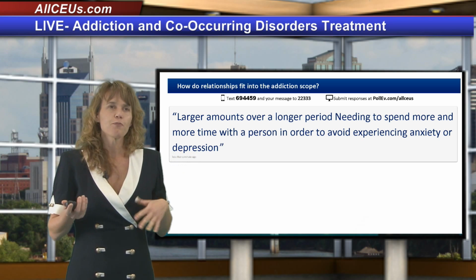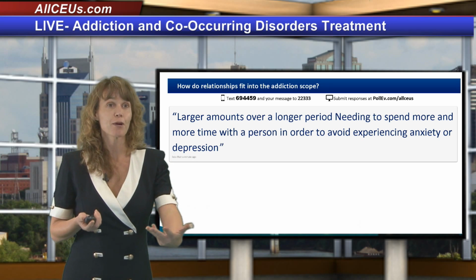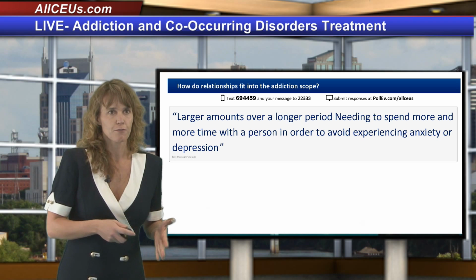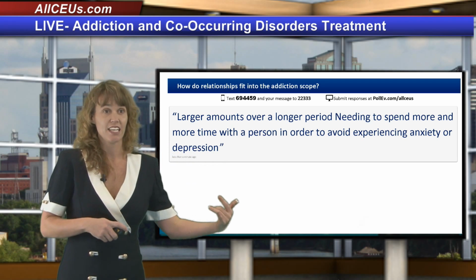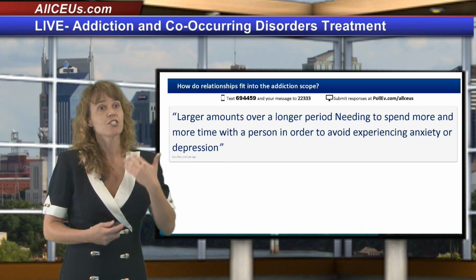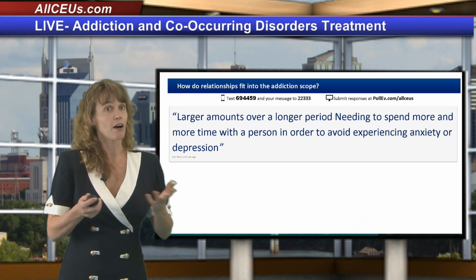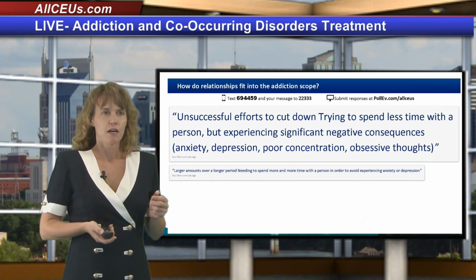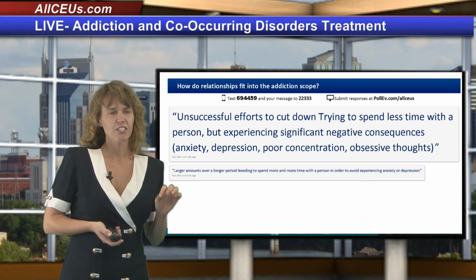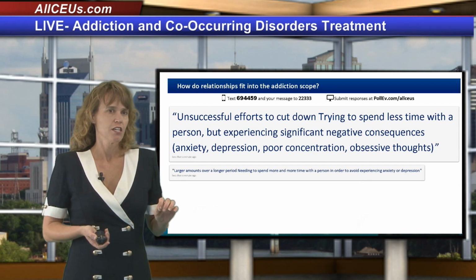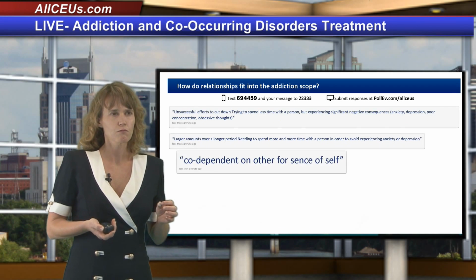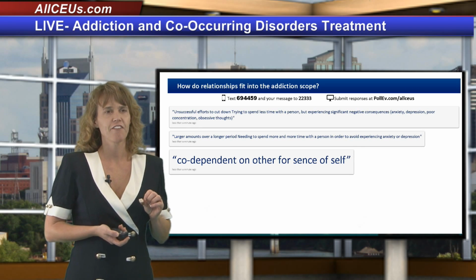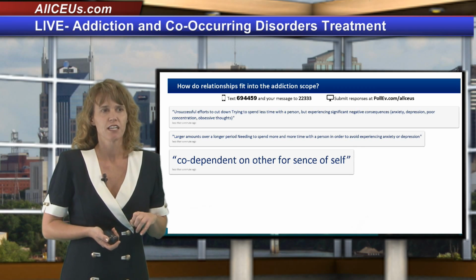So when you start to become part of that person, when you are so-and-so's significant other, when you start to lose your own identity, it can start to become an addiction. Not always, but it can. Unsuccessful efforts to cut down, trying to spend less time with a person, but experiencing significant negative consequences.